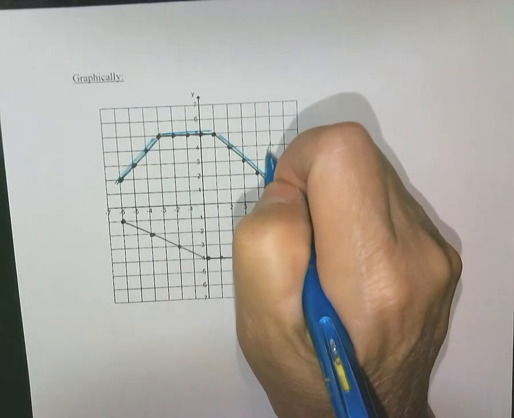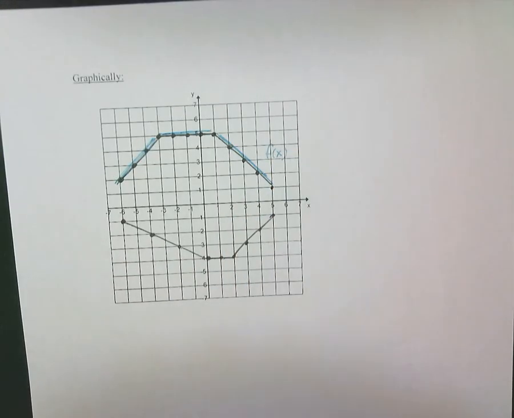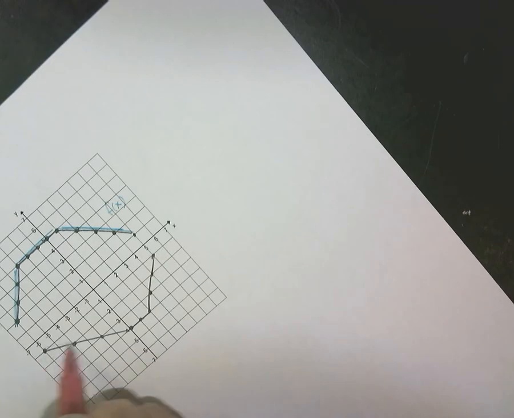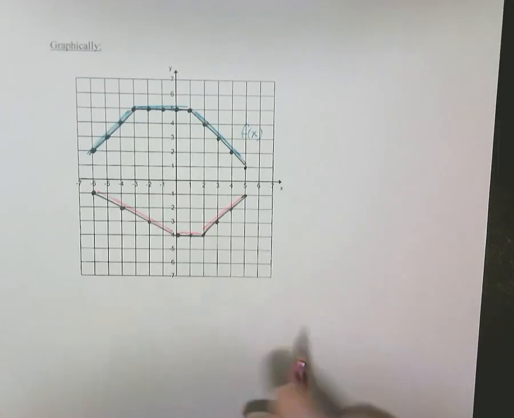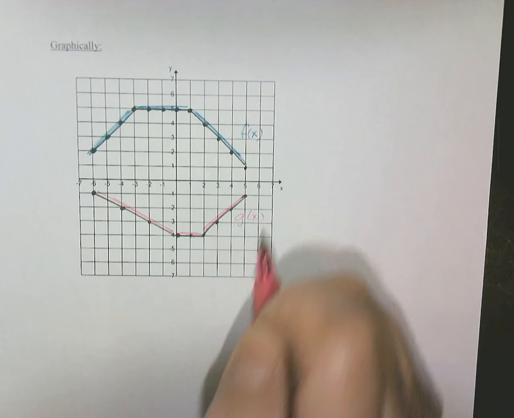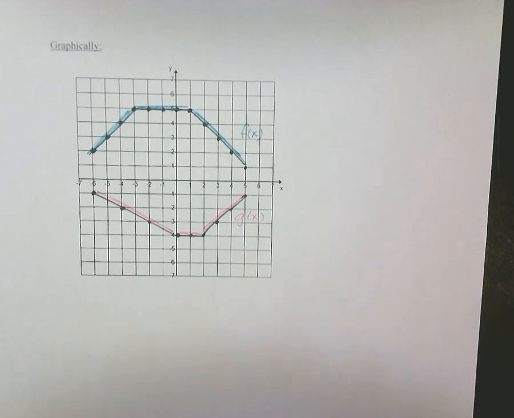So this blue one is going to be my f of x. This pink one is going to be my g of x. And even if I were doing this on paper, I tend to color them because then I don't get lost looking at the different functions.